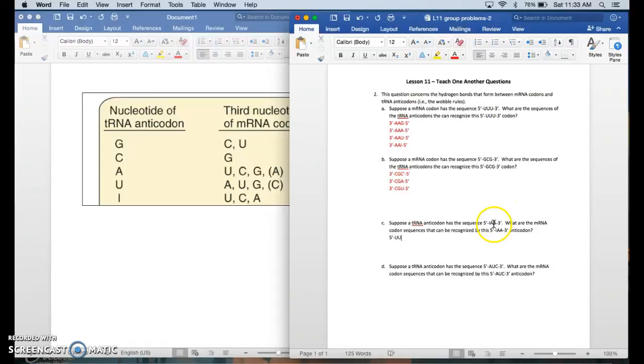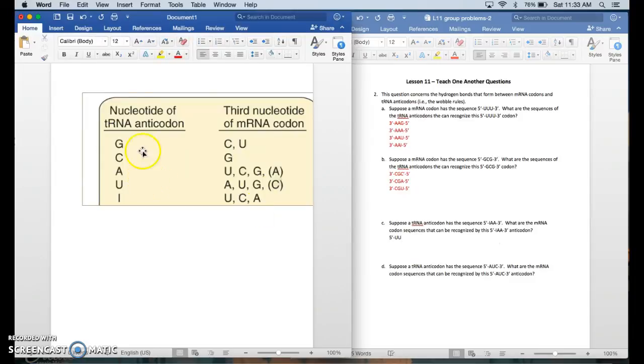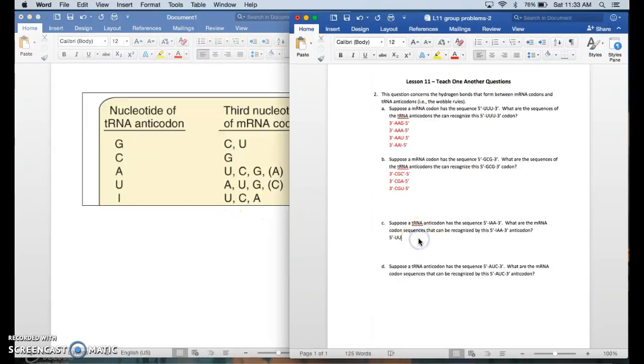And then for the third nucleotide in the anticodon, we have an I, so we would work backwards. We would look at our nucleotide of tRNA anticodons and find I, and the 3 variations are U, C, and A. So those are our 3 answers.